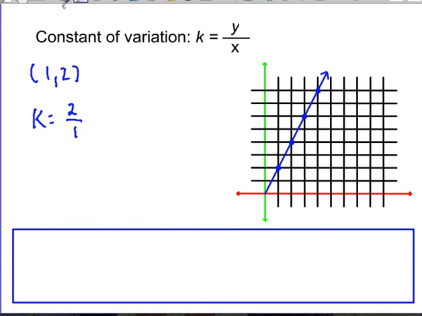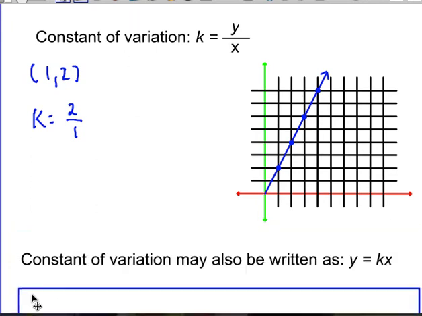All right, now there was another way that we used this direct variation equation, k equals y over x. Does anybody remember another way that we wrote it? y equals k times x? Yes, y equals kx.